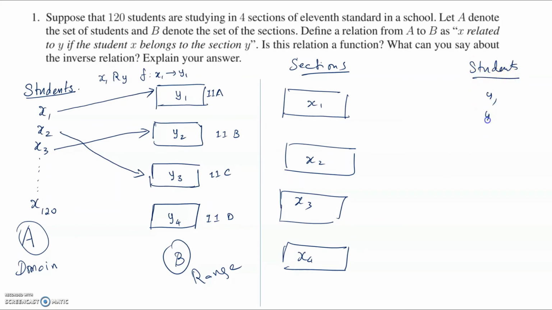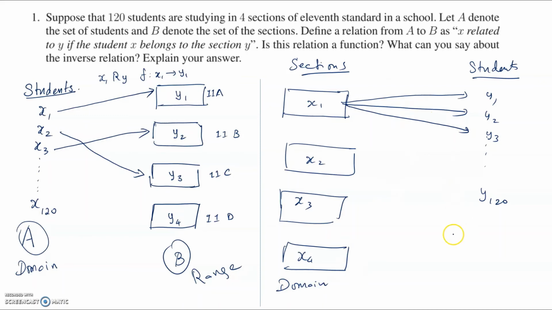Let the students be y1, y2 up to y120. Now in class x1 you might have student y1, student y2, maybe y3 is also in class x1. So for one value of x1, which is the domain, there will be many values in our range. Therefore, the inverse is not a function.